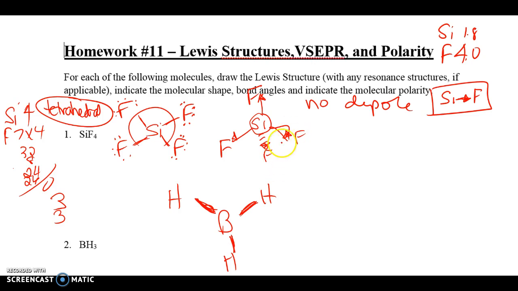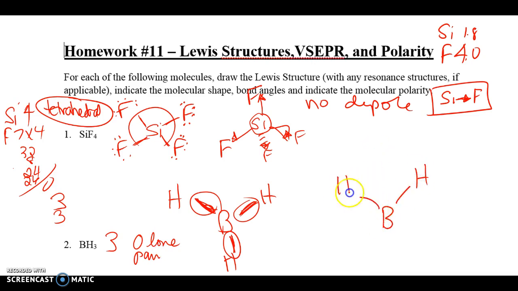So notice, let's do the geometry. We have 3 sets of electrons around that central atom. So go to your page and look at 3 in the first column, 0 lone pairs, and you come up with trigonal planar, which has bond angles of 120 degrees.